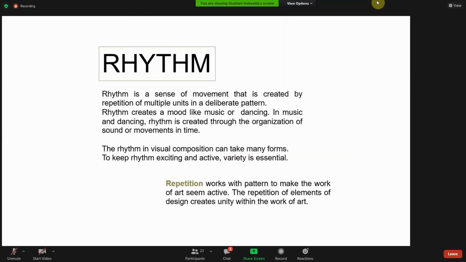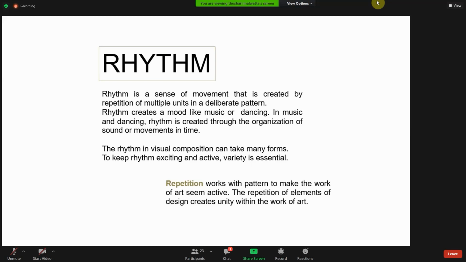Next one is rhythm. Rhythm is the sense of movement that is created by repetition of multiple units in a deliberate pattern. Just like in music, you get the idea of rhythm, in music and dancing, but in visuals also there's rhythm.